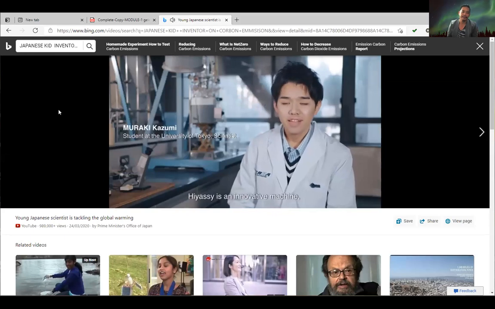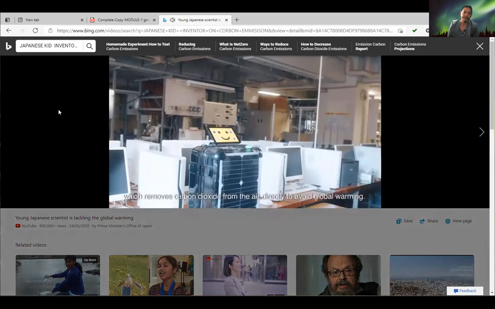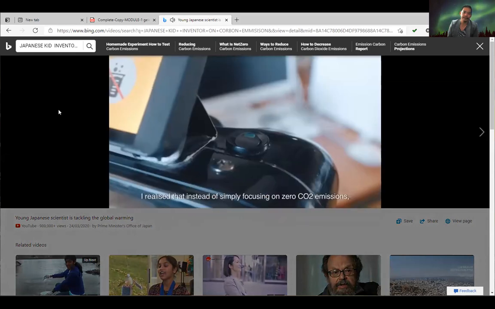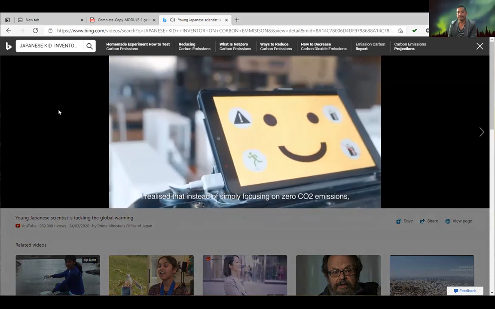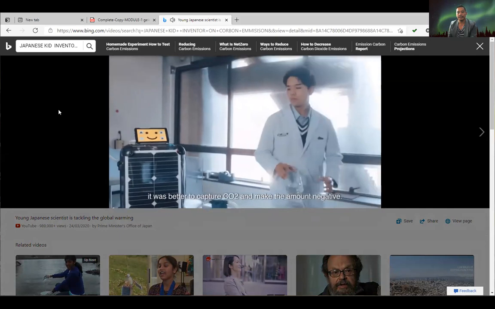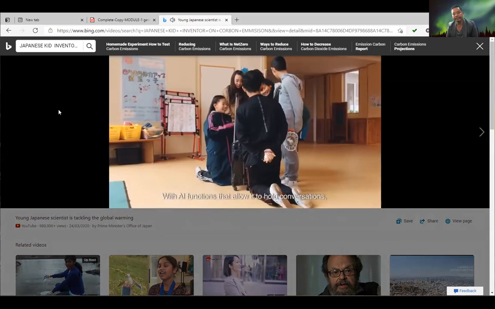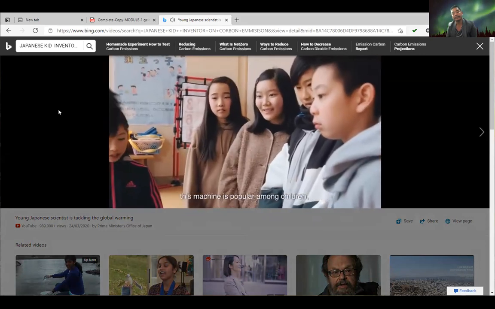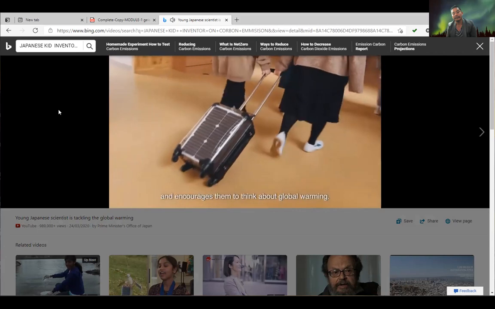HIASI is an innovative machine which removes carbon dioxide from the air directly to avoid global warming. I realized that instead of simply focusing on zero CO2 emissions, it was better to capture CO2 and make the amount negative. With AI functions that allow it to hold conversations, this machine is popular among children and encourages them to think about global warming.